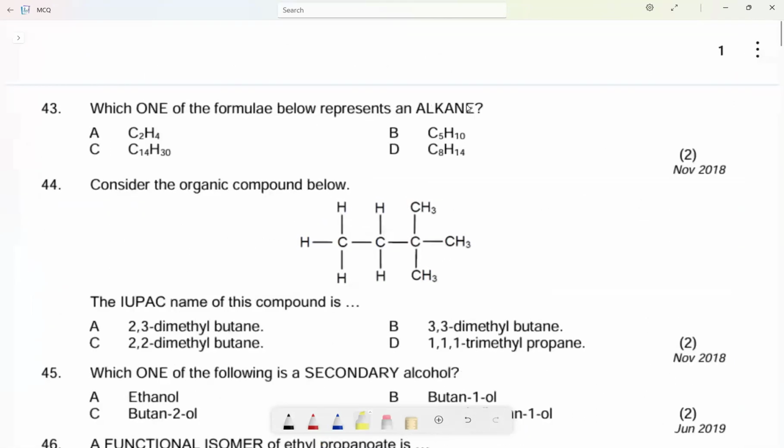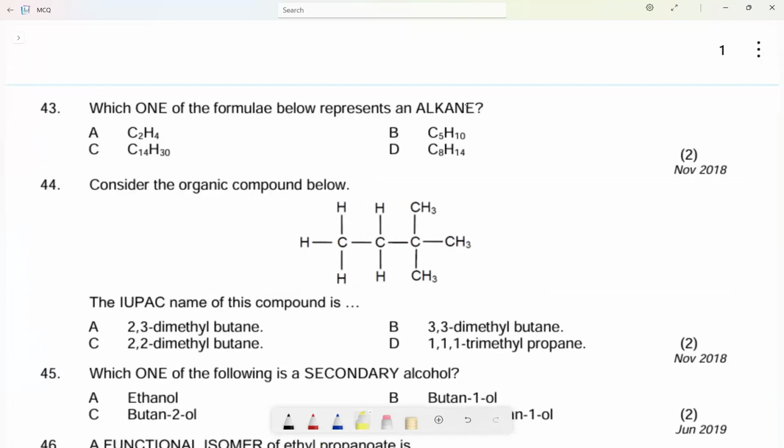Which one of the following below represents an alkane? Remember, an alkane has a general formula of CnH2n+2. So when I look at A, no. Why? A has a general formula of CnH2n. For every one n, I have twice of that, 1:2.